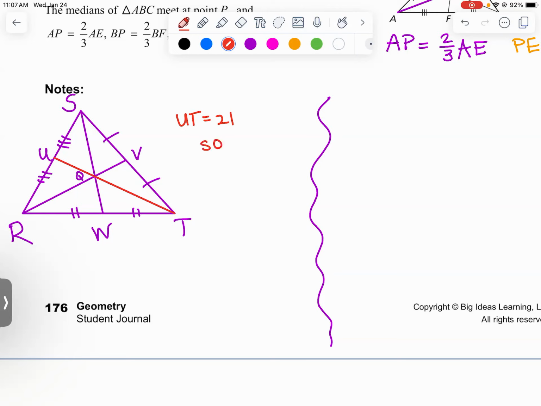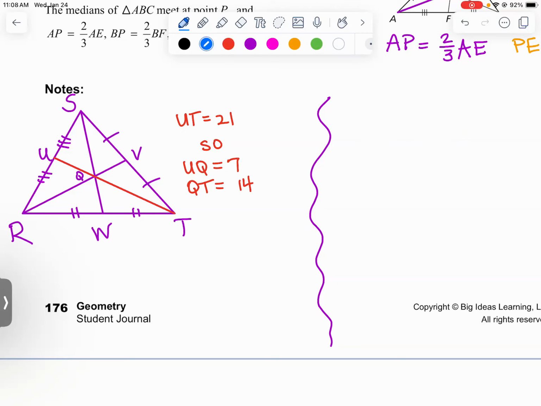So UQ is how long? 7. And how long would QT be? 14. QT is 2/3 of 21, and UQ is 1/3 of 21.